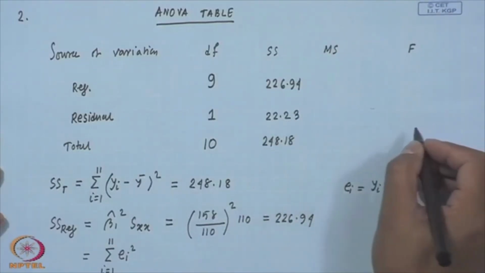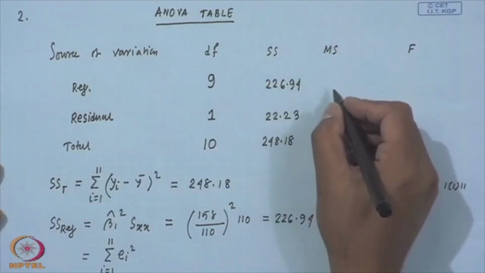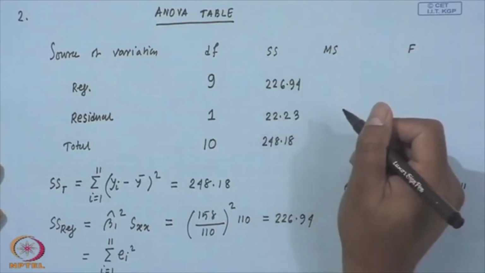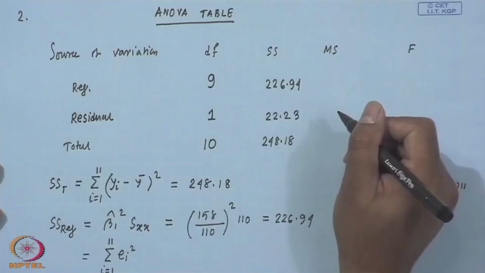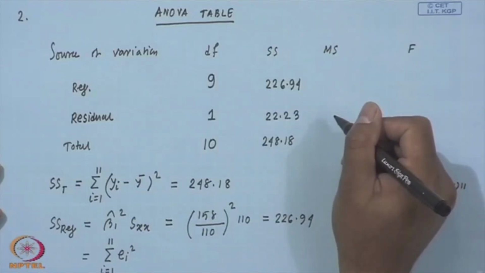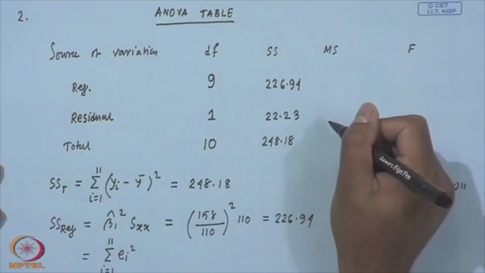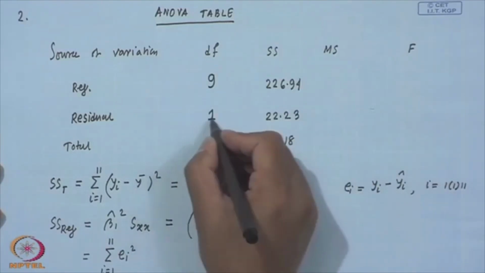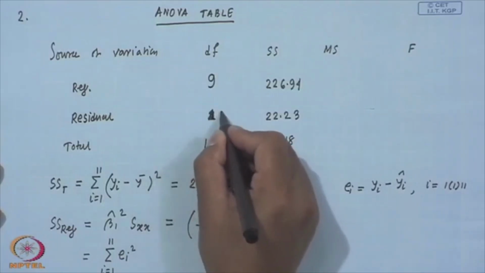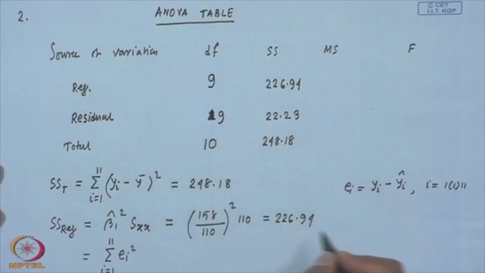Okay. And the MS value is, sorry, I said the residual degree of freedom is 9. Yeah.